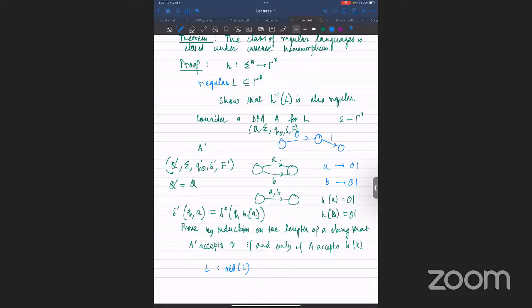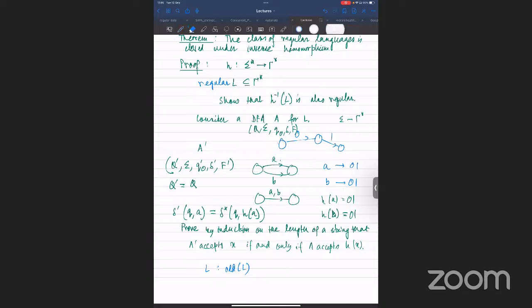We have to deal with these things very often. We are also going to look at these things for context-free grammars, like pushdown automata. We'll see how you show the closure properties for those context-free grammars. We'll also have similar kinds of constructions for homomorphism or inverse homomorphism and these things, right?